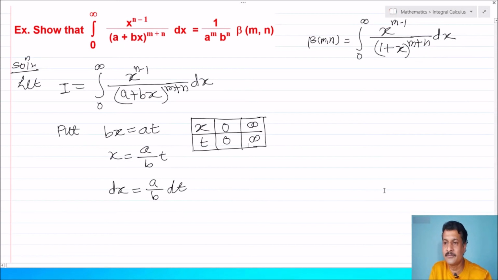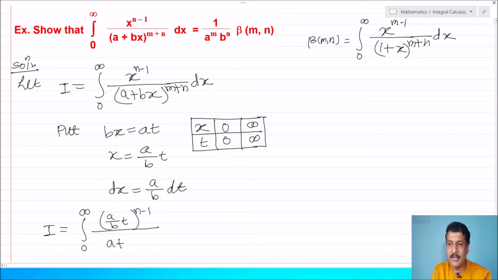Therefore I equals integration 0 to infinity of x, which here is (a by b into t) raised to n minus 1, whole divided by (a plus bx, which is now at) raised to m plus n into dx, and dx is a by b into dt.